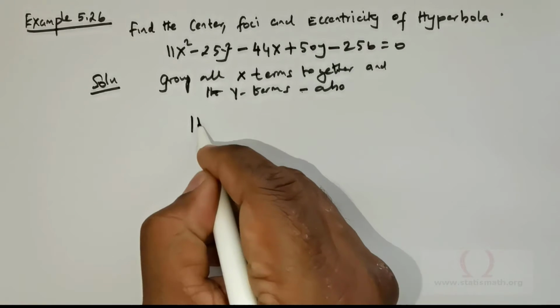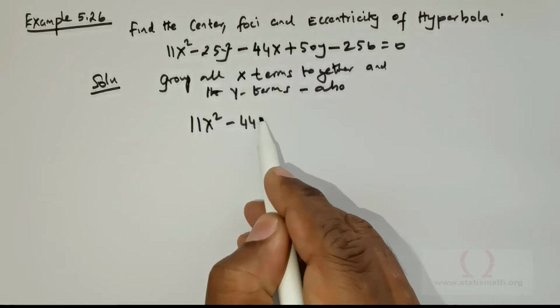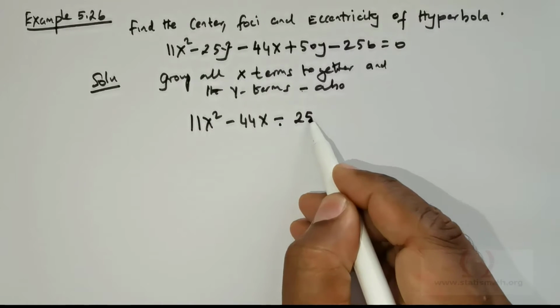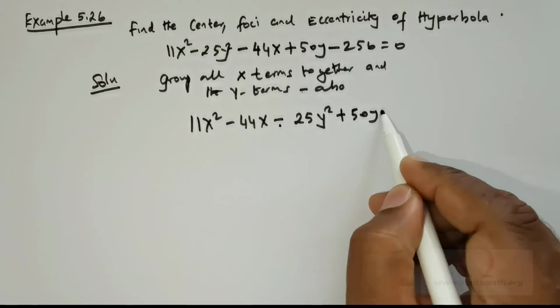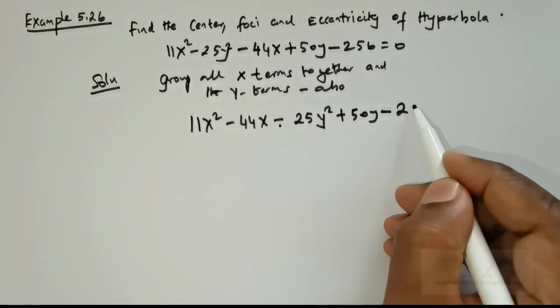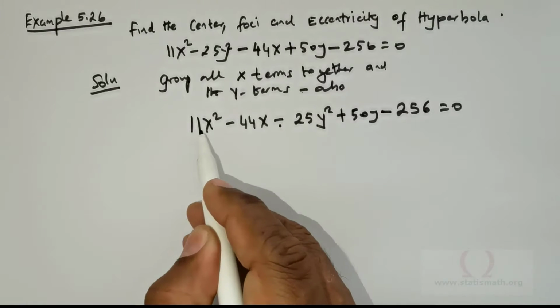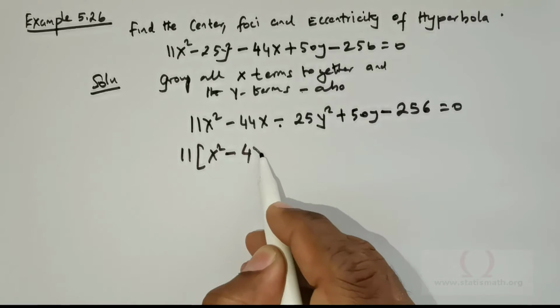So I'm going to write this as 11x squared followed by negative 44x, and then of course I've got the y term negative 25y squared positive 50y. I would follow it up with negative 256 is equal to 0. I would take 11 out, so that would give me x squared negative 4 times x.